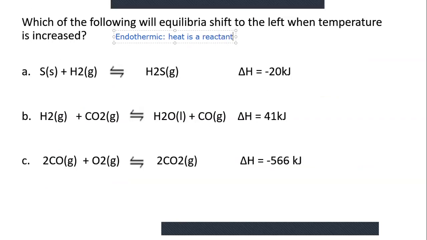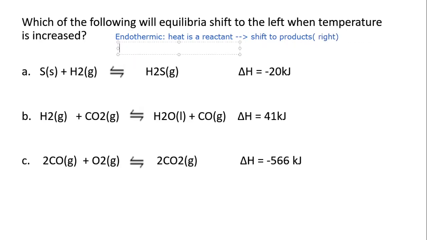And if we're increasing the temperature, it's going to shift to products, the right. We don't want endothermic reactions. Now if we look at exothermic reactions, heat is a product. So if we increase the temperature, it's going to shift to reactants.